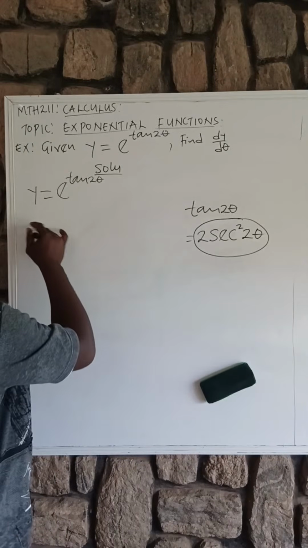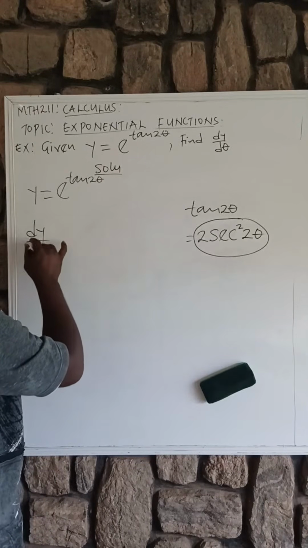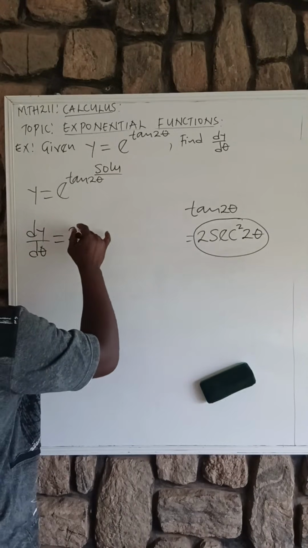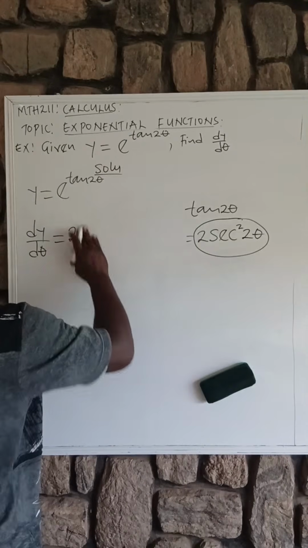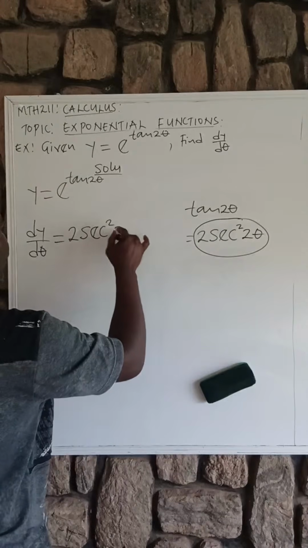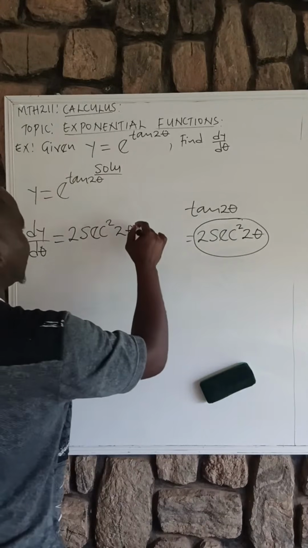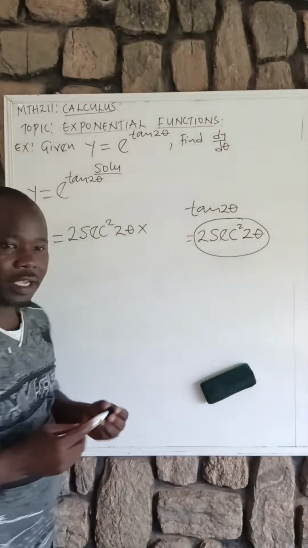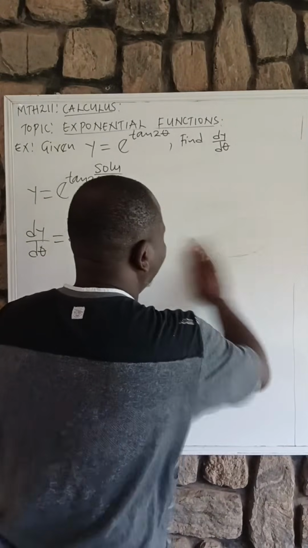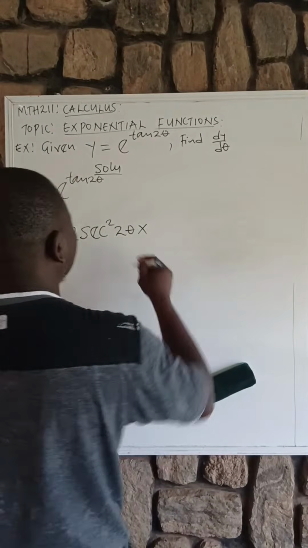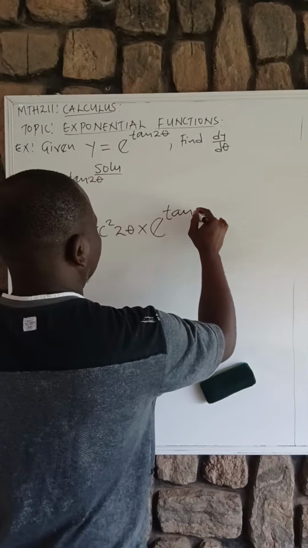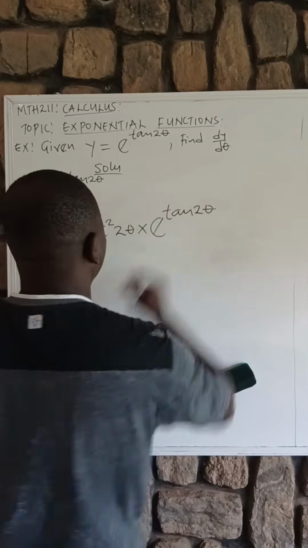So it means our dy over d theta is equal to 2 sec square 2 theta times the exponential tan 2 theta.